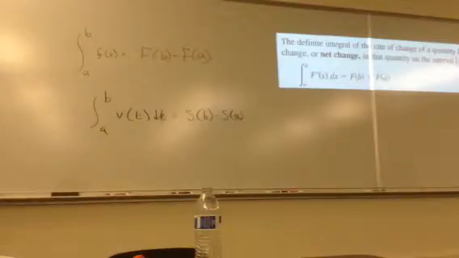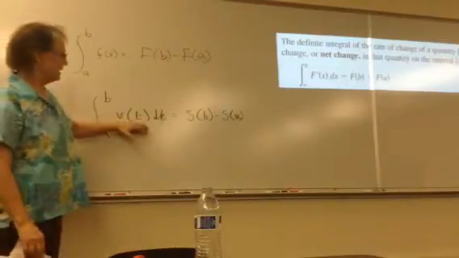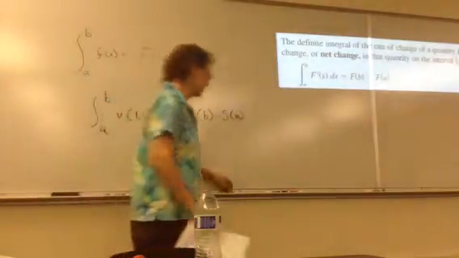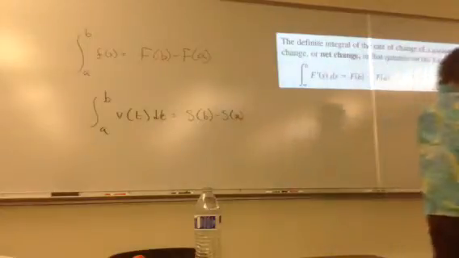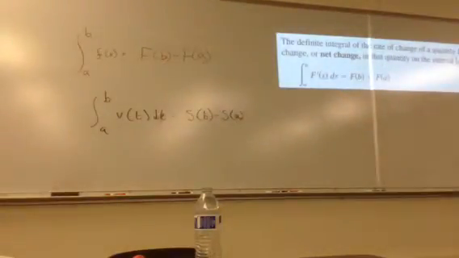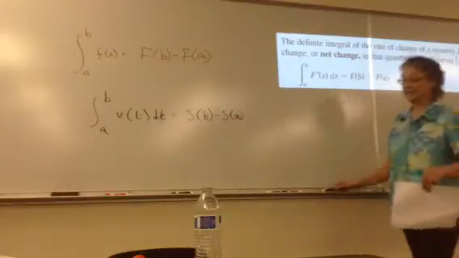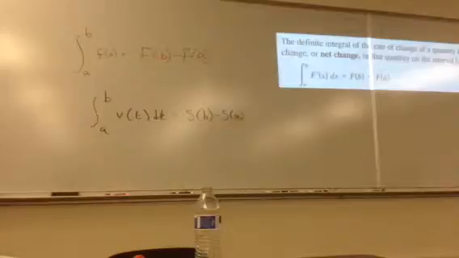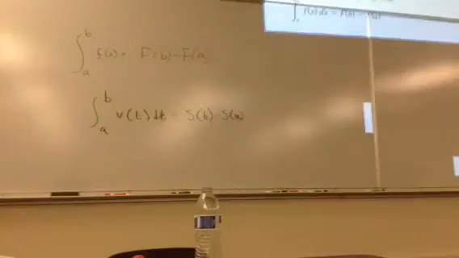So, the area under a velocity curve gives us the total distance traveled. There's a direct correlation there between those two ideas. I've been saying that we do not yet have a way to connect definite integrals and indefinite integrals until we get to the fundamental theorem of calculus.